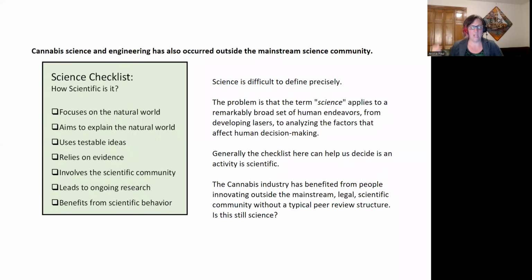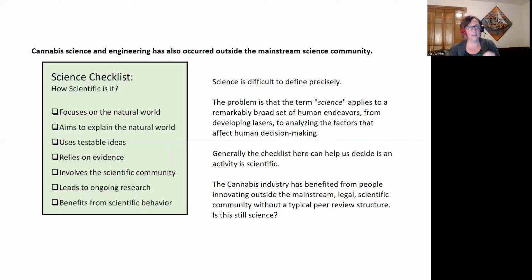But what I think is interesting is that we saw research on cannabis in mainstream science being incited by trying to identify, to track, to make illegal.